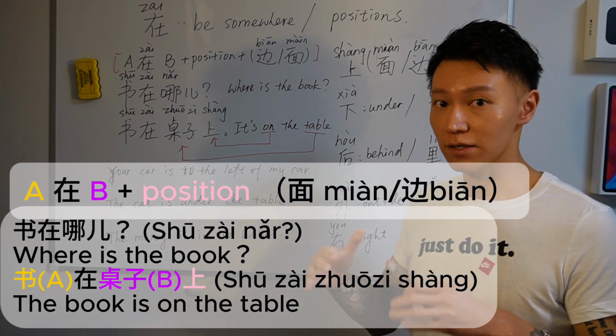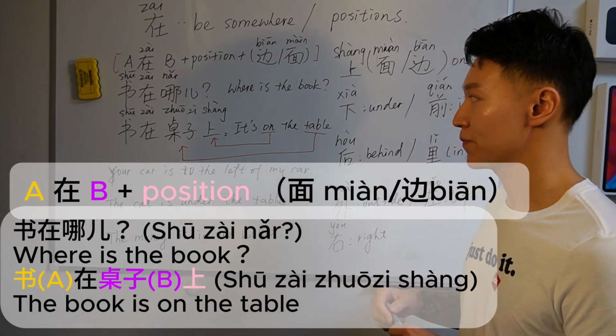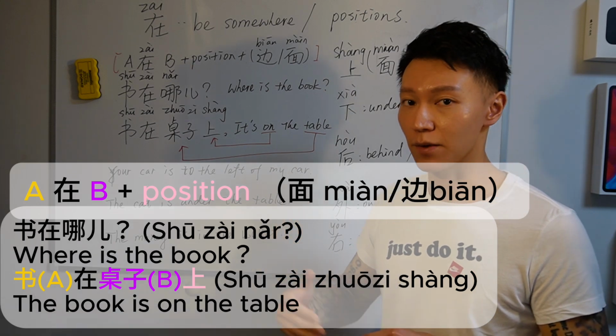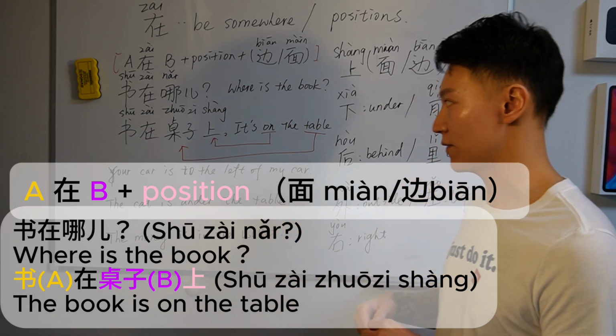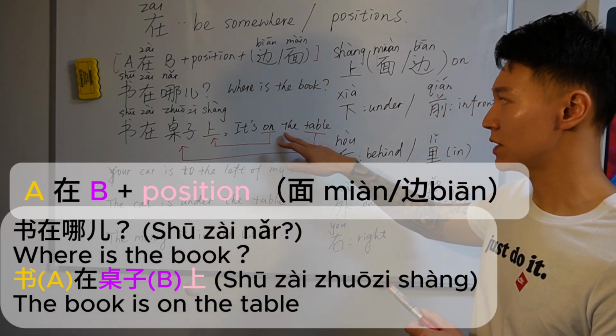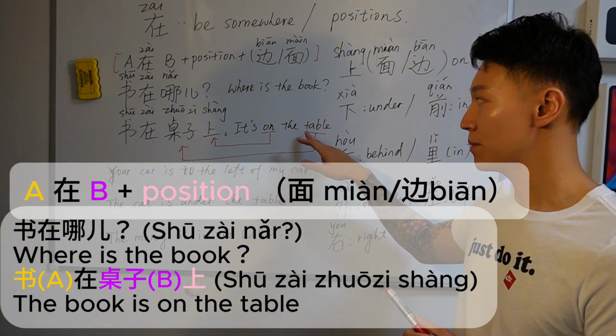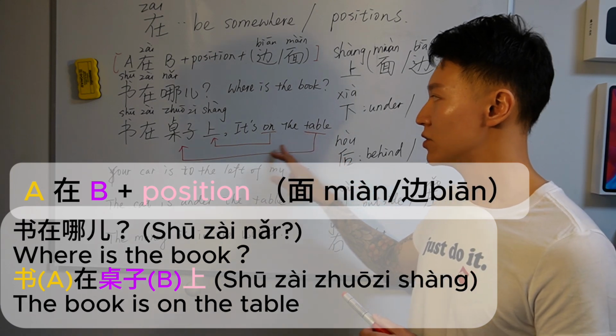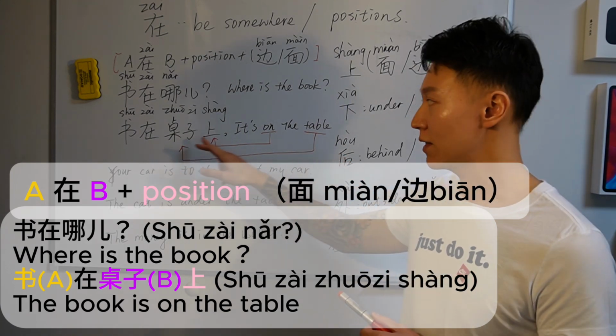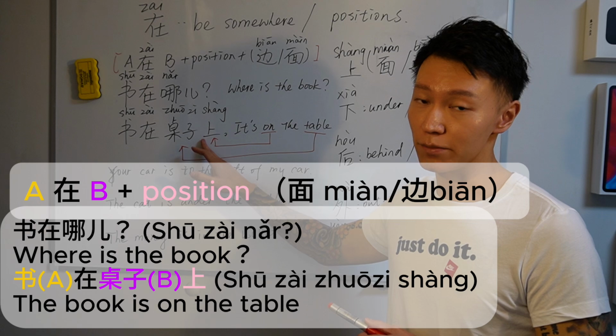And now we have to look at this Chinese sentence. We need to analyze this sentence order in Chinese. So when we say something is somewhere, or something is on something, in English we tend to put the preposition in front of the second thing, but in Chinese we have to mention this noun first, and then we talk about the position.